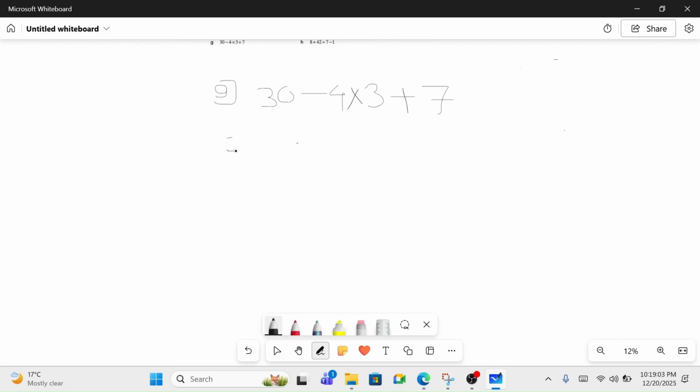This is multiplication first, so 4 times 3 will be 12. Oh, sorry, it's going to be 12. This will be 12 plus 7.